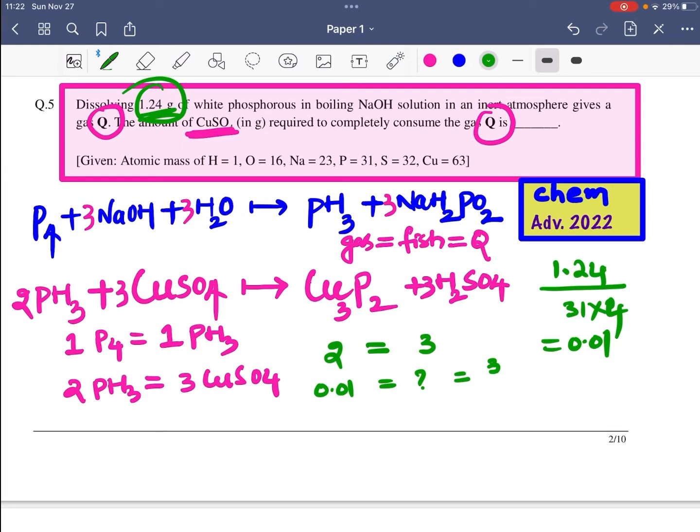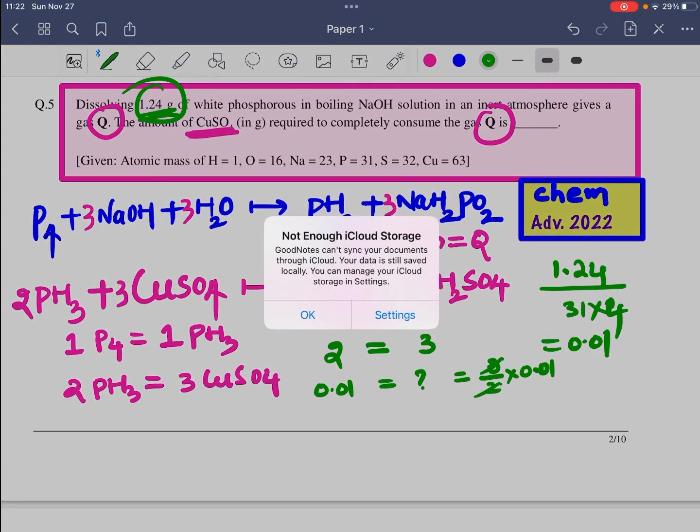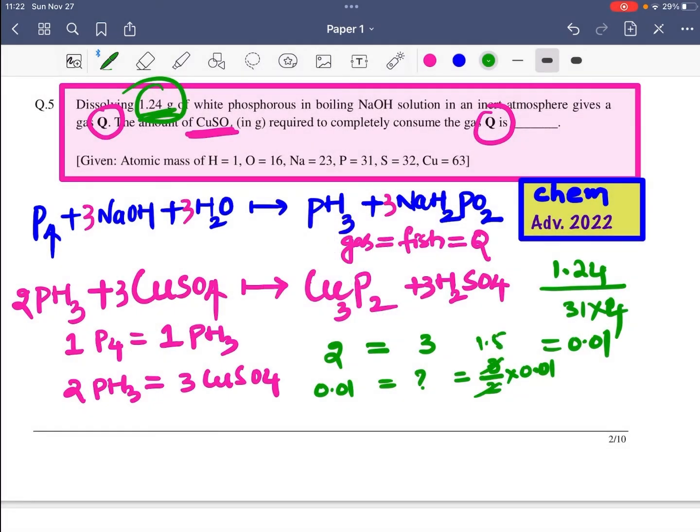This is equal to 3 by 2 into 0.01, which is 1.5 into 10 power minus 2, I can write it as 15 into 10 power minus 3 moles. So in this reaction, 15 into 10 power minus 3 moles of copper sulfate is used up.